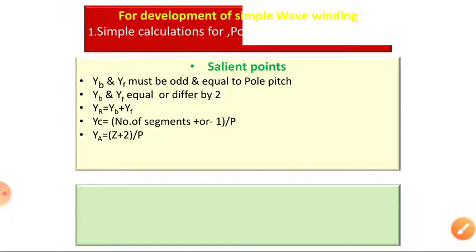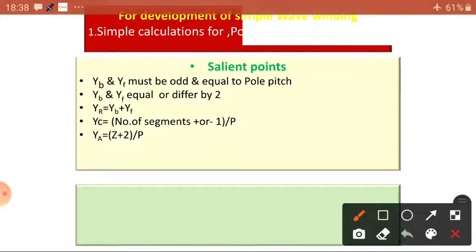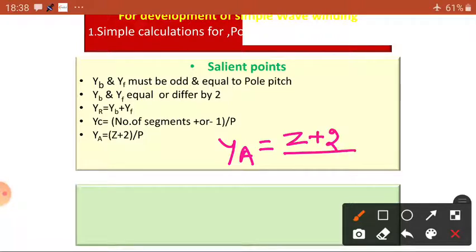Next, the average pitch. The average pitch YA is equal to Z plus or minus 2 divided by the number of poles. What is Z here?